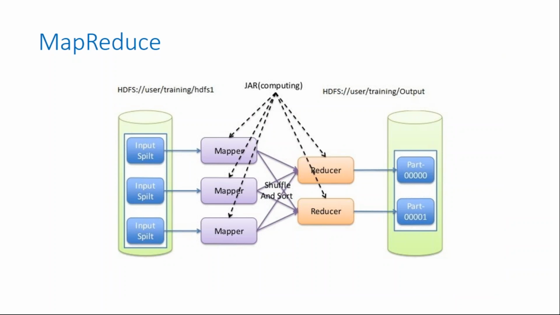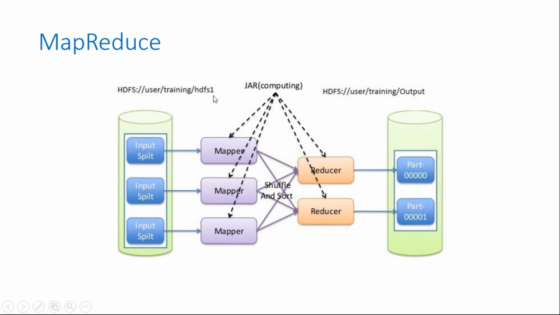So this is how it is going to happen on a MapReduce program. The first step is the file is divided into input splits. Say we have that on HDFS, user training HDFS1 folder. Actually, here should be one more slash and the file name.